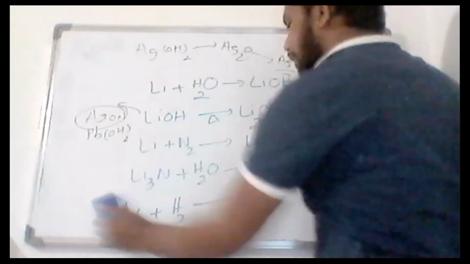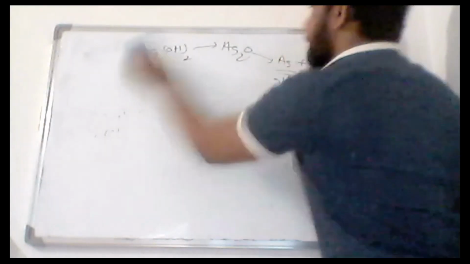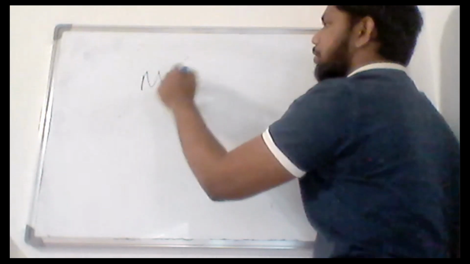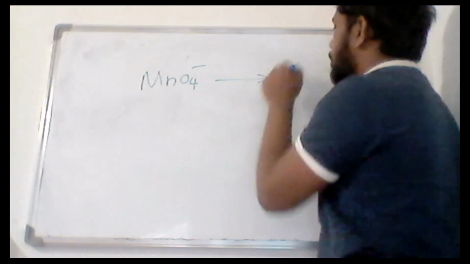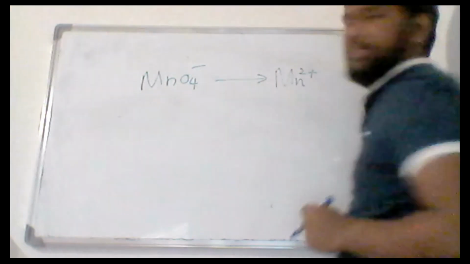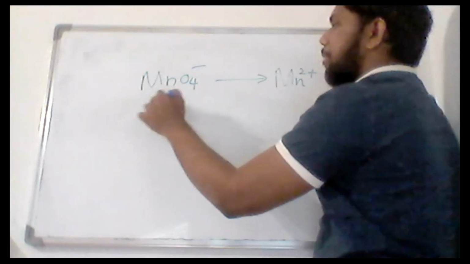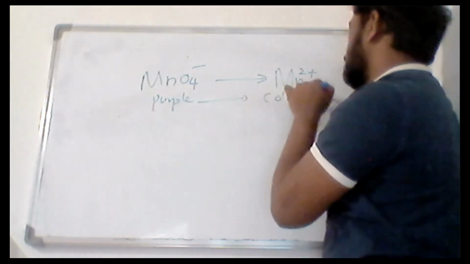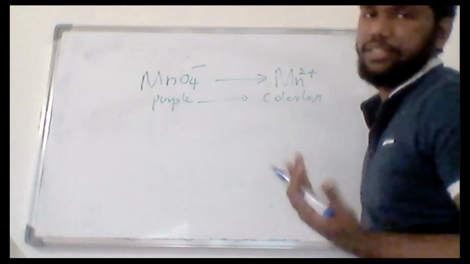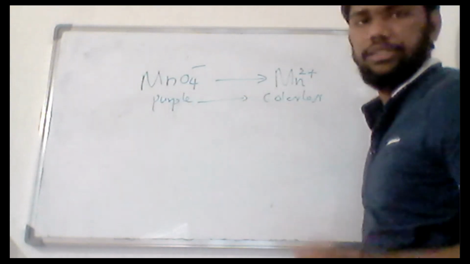So the typical idea of a self-indicator is, now let's say you have MnO4- as your oxidizing agent. In acidic medium, MnO4- turns to Mn2+, which means this purple color will be more or less going to colorless. Very pale pink means typically you can observe it as a colorless solution.